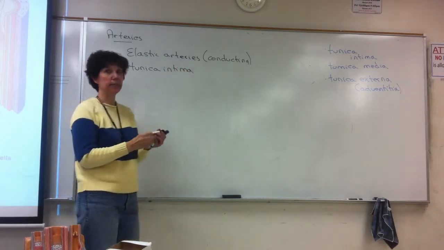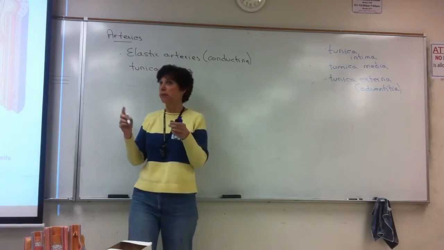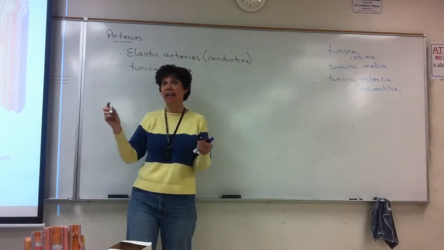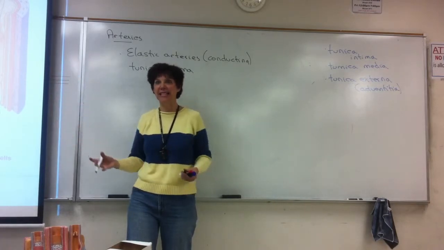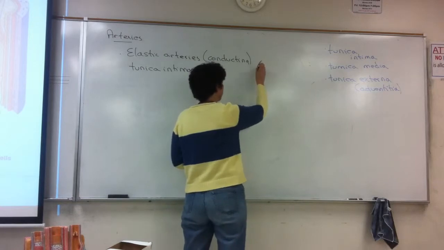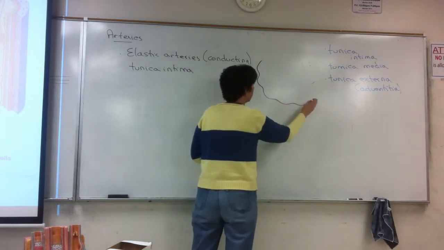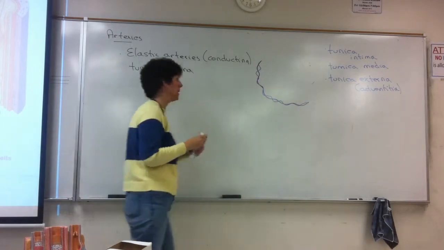We're going to have a simple squamous epithelium. My diagrams are not going to be proportional to size because you wouldn't be able to see the capillary, or I'd have to draw a really huge elastic artery so you would be able to see the capillary, so again, it's not going to be proportional. But we have a lining epithelium, which is simple squamous.